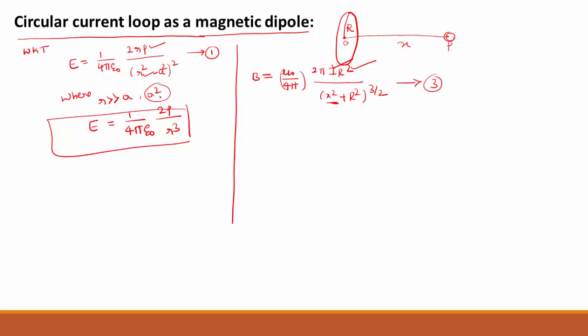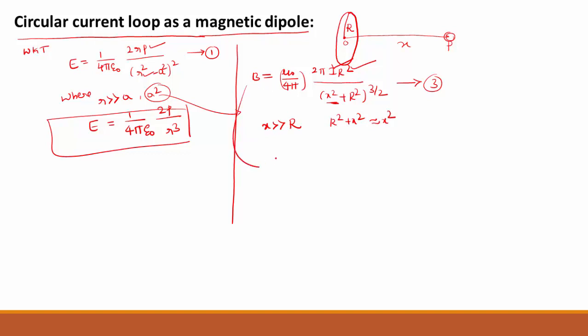In this equation also, x is very much greater than R. When x is very much greater than R, then R square plus x square, or x square plus R square, is nearly equivalent to x square.